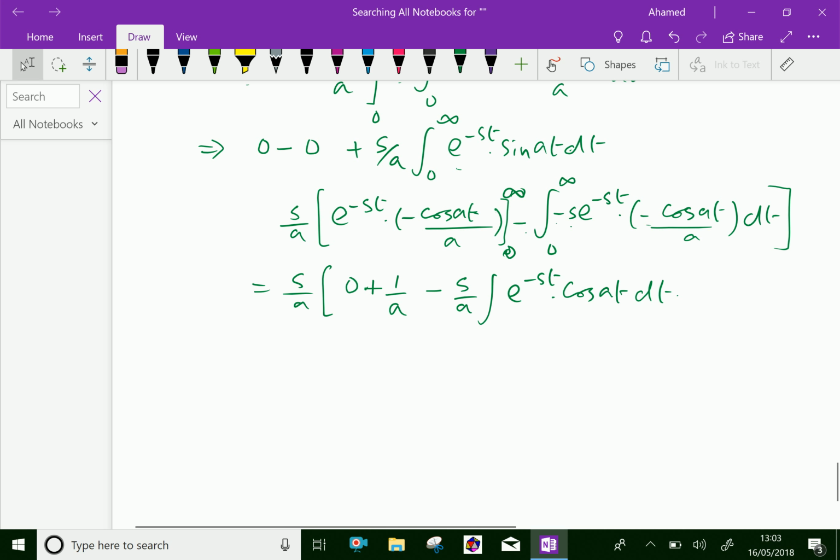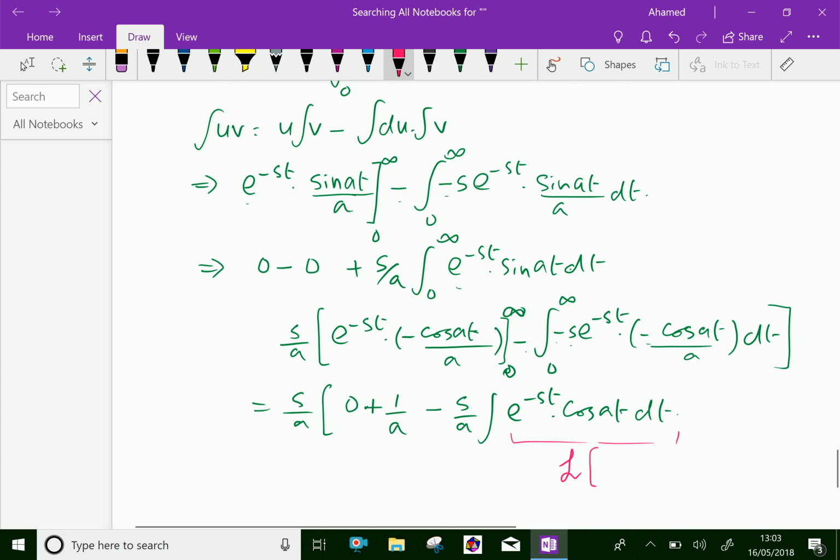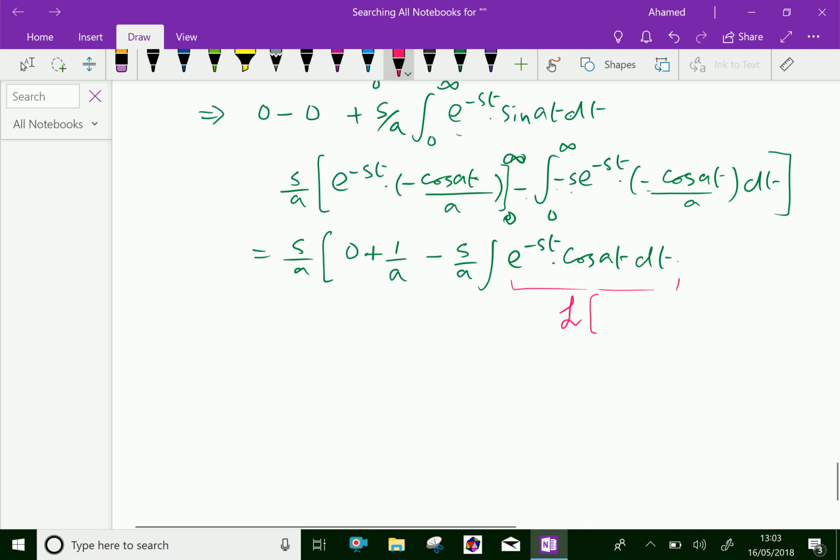Here we already started with the integration of e power minus st into cos at, which is nothing but the Laplace transformation of cos at.